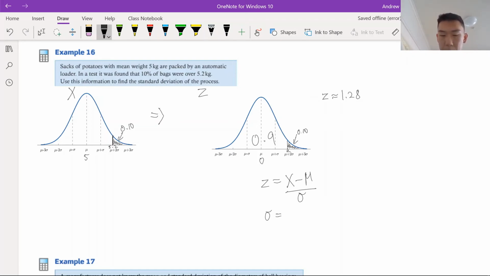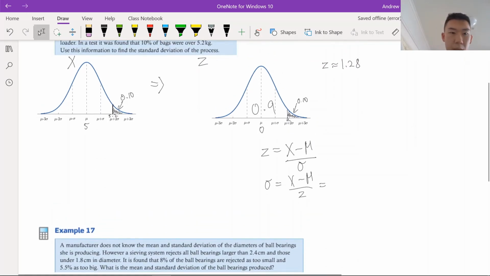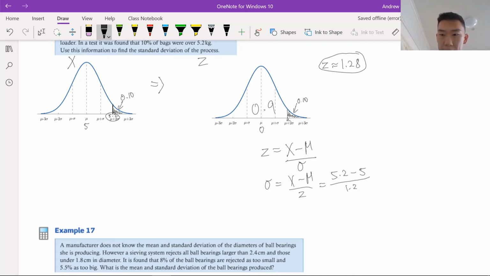Now, sigma is what we're trying to solve for, so let's just rearrange first. Okay, now the x value we have is 5.2. The mean is 5, and our z-score is 1.28.